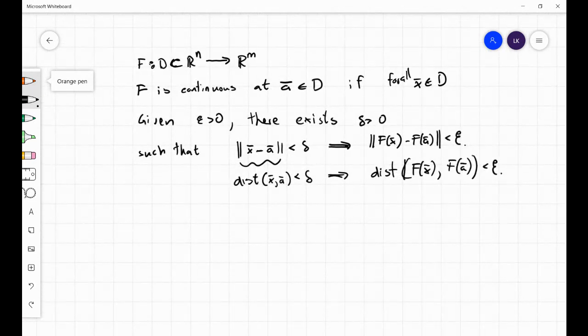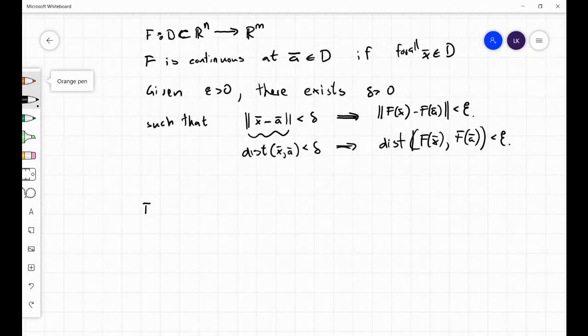I guess, what are some consequences? Well, I guess the extreme value theorem is a consequence. So what did the extreme value theorem say, Adiat?